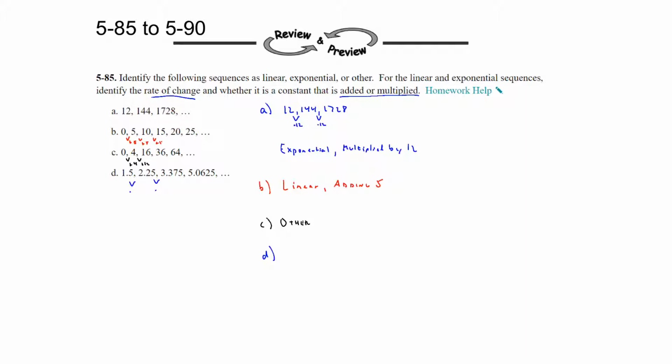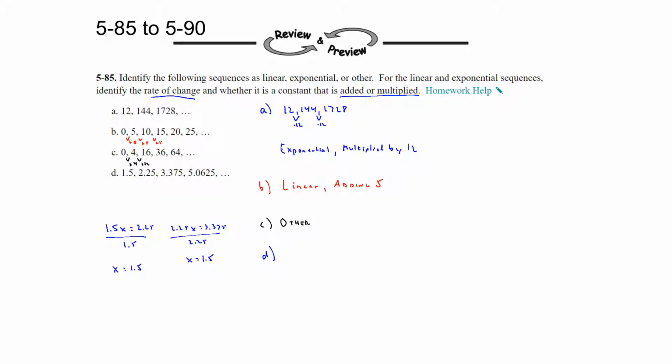So what we can do to check this is work backwards. If we're asking ourselves, 1.5 times what is equal to 2.25, we divide by 1.5 and we get a value of 1.5. Same thing on the next one: 2.25 times what is equal to 3.375? We divide that by 2.25, and we get x equals 1.5 again.